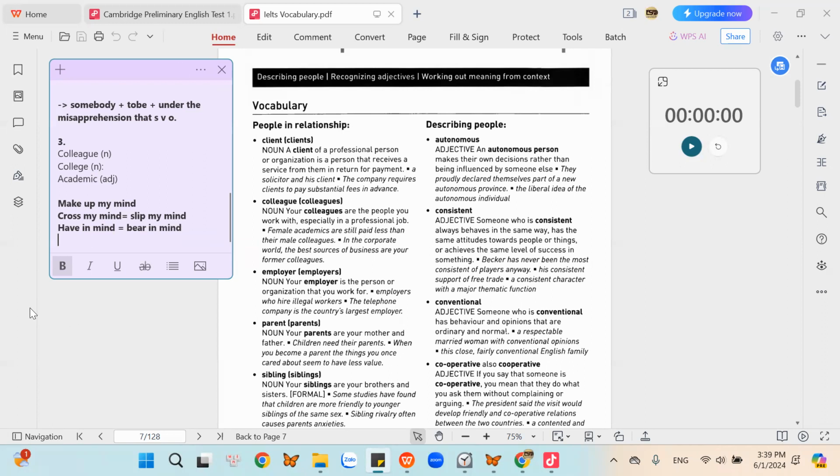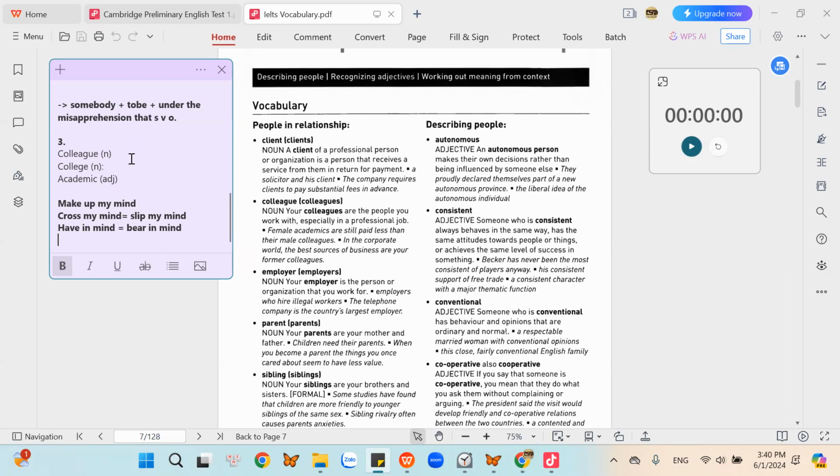Here, let's practice these words. Colleague. I don't work with many colleagues. I have only a few people to work with me. And the school that I graduated from is called college, and it makes people think that I have graduated from college, not university.